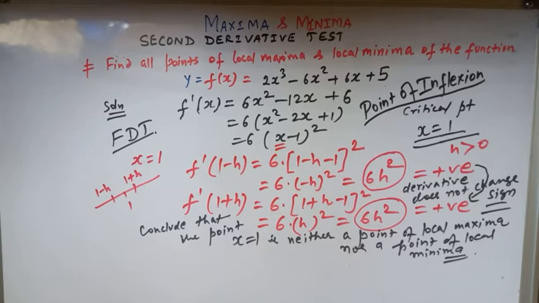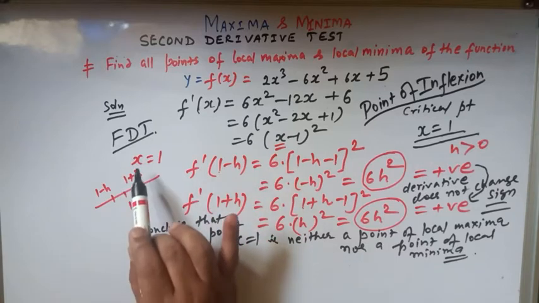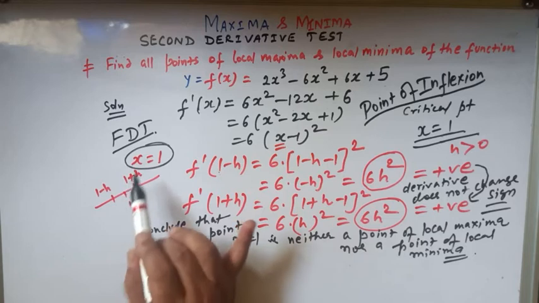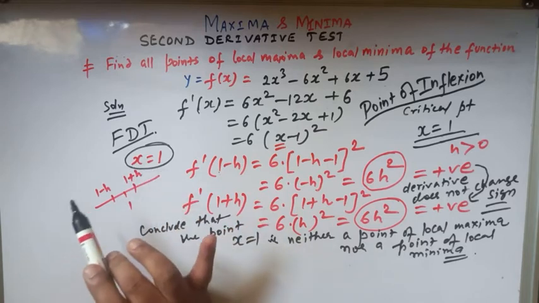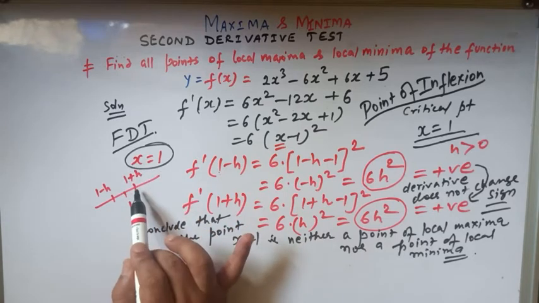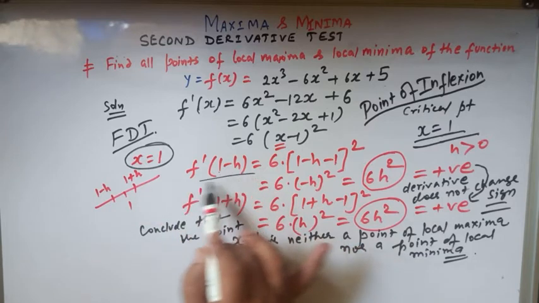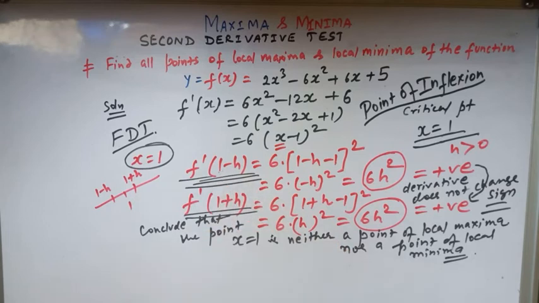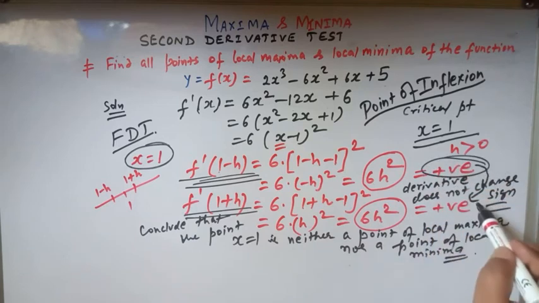in such situation we switch over to the first derivative test, and when we have taken 2 points immediate to x equal to 1, one point to the left and other point to the right, and we obtained the sign of the derivative, we see that in both cases the sign remains the same and it is positive.